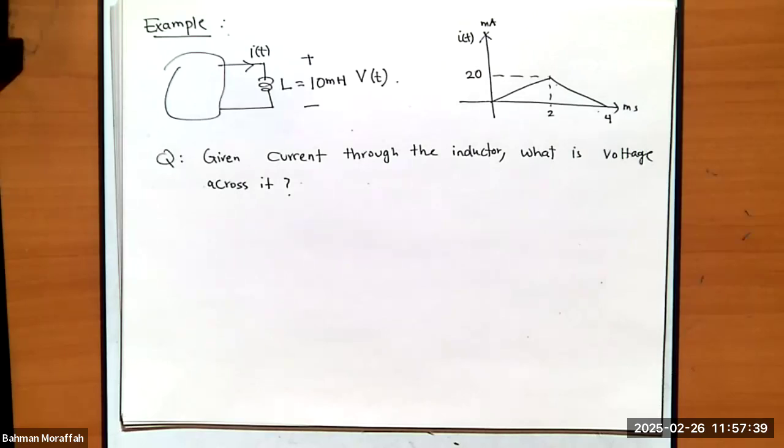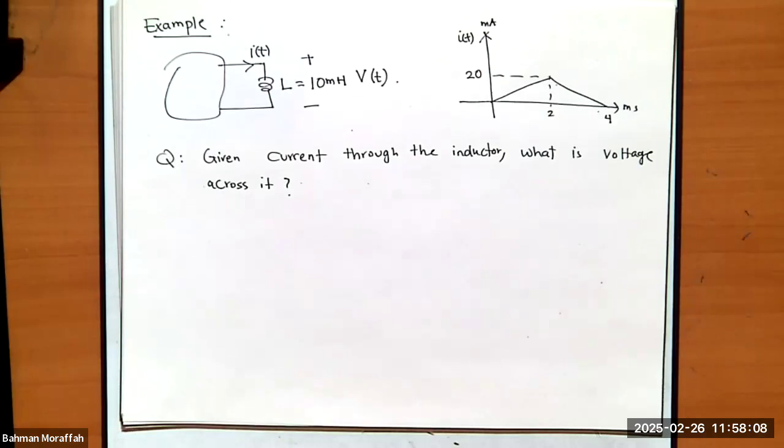Because if I look at the voltage across, it means I have to take the derivative of i of t. And since i of t is a piecewise linear function, I have to look at the slopes for each portion. For time between 0 to 2, the slope is positive. For times between 2 and 4, the slope is negative.